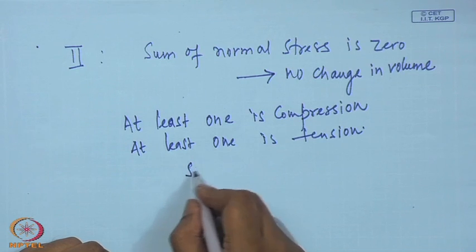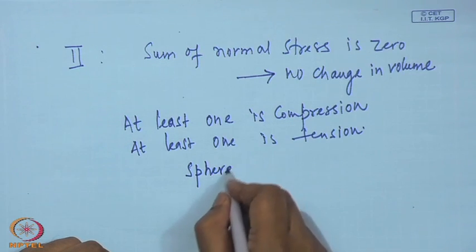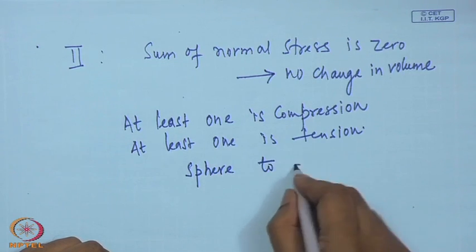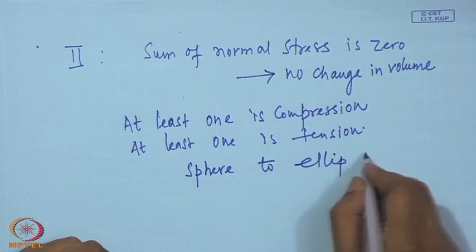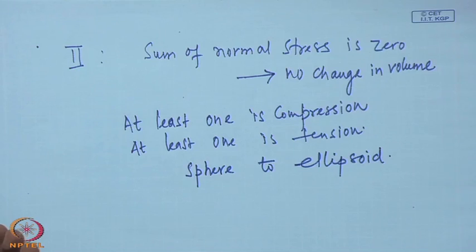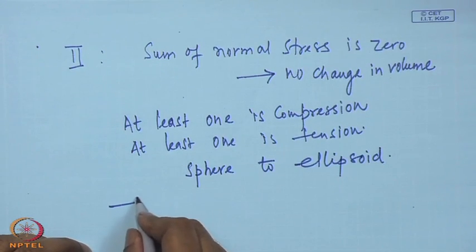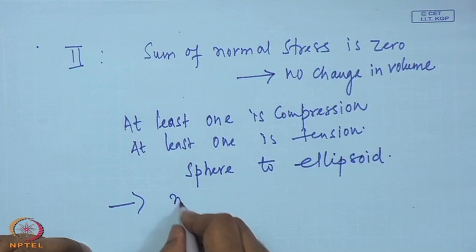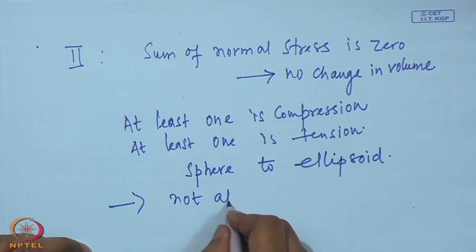So, deformation is sphere to ellipsoid. Deformation without change in volume. So, not allowed by the definition that we have.